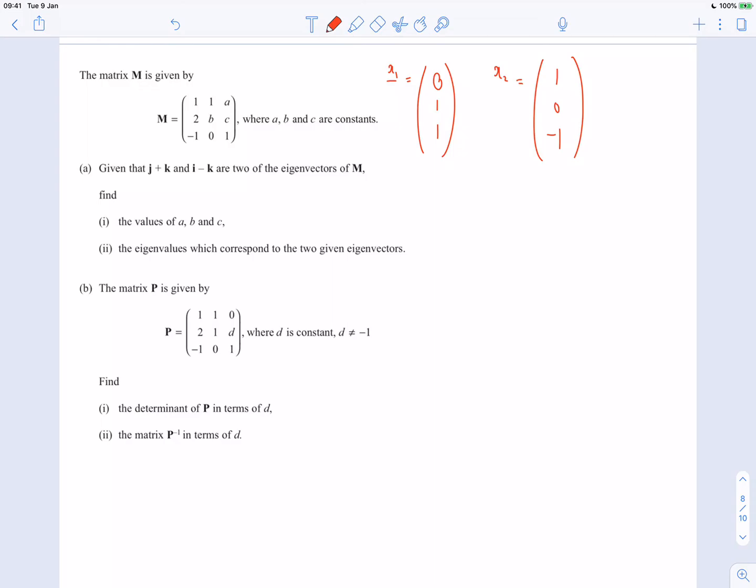Okay, so what have we got here? Remember, if we have the matrix times x1, that is the same as the scalar times x1, or we could do M minus lambda I times x1 equals 0. And I think we're probably going to do that here.